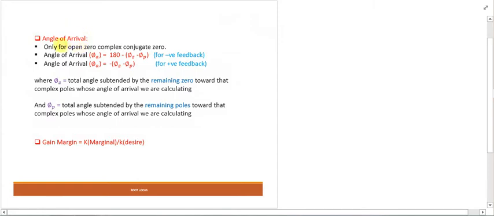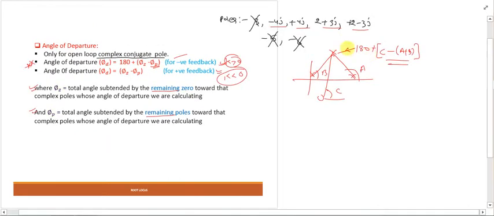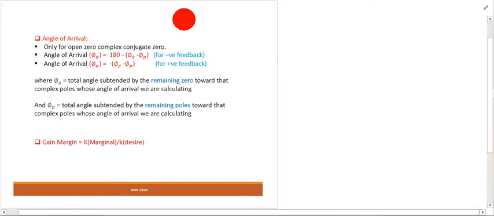Now the next is the angle of arrival. Similarly, angle of departure is calculated for poles, and angle of arrival is calculated for zeros of the system.